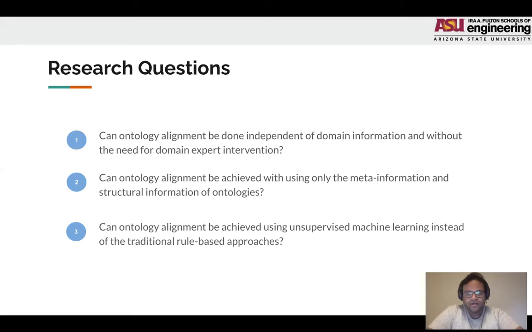And the third is, can we use unsupervised machine learning instead of traditional rule-based approaches? Because in most cases we can see it's hard to get the gold truth. So is there any way we can use unsupervised machine learning to find the similarities between two ontologies or not?